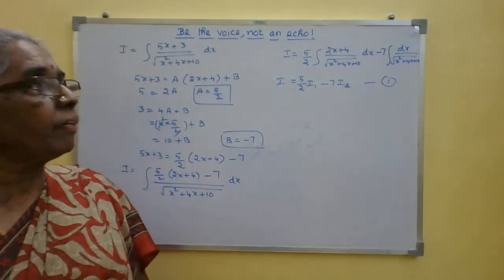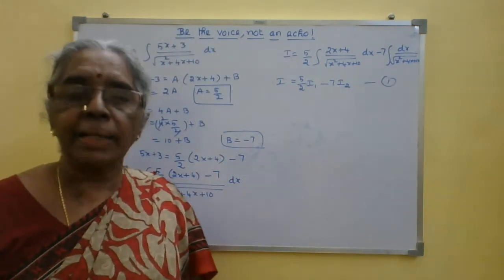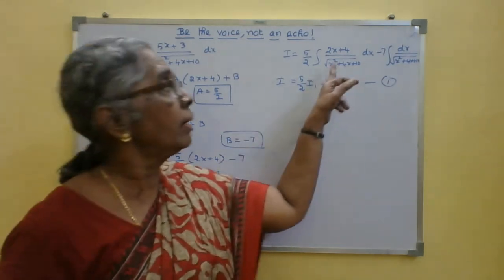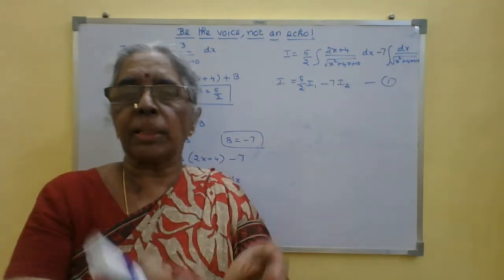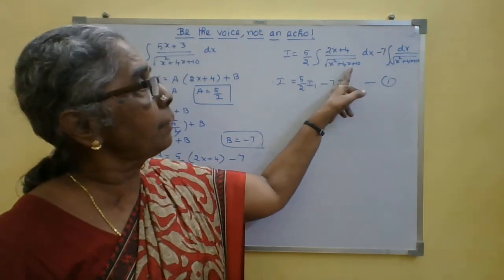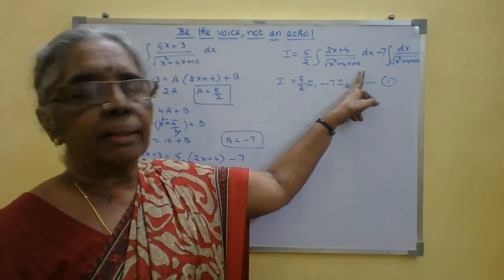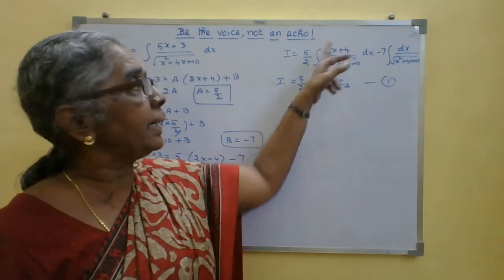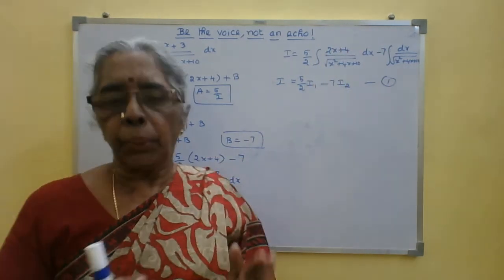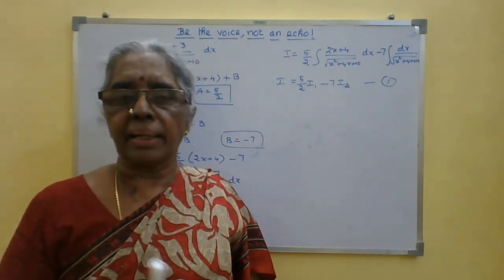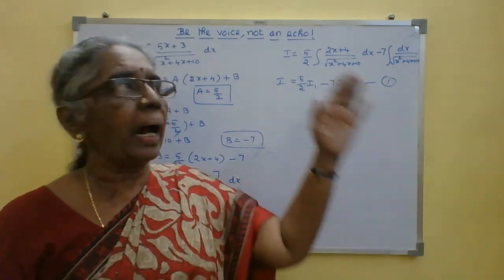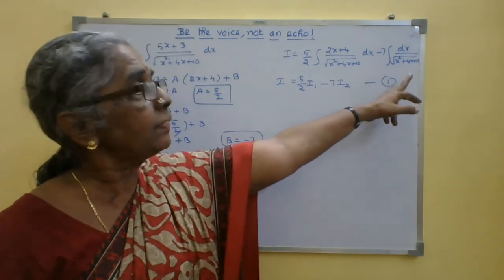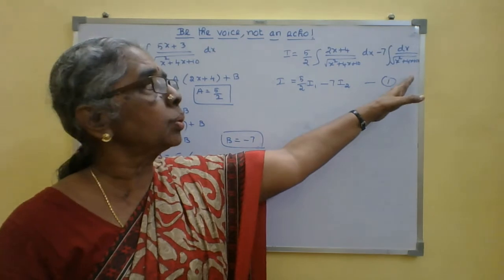Now you know, for the first part, it is always substitution. So here you will be substituting what is within the root, that is x squared plus 4x plus 10, as t. Naturally the numerator will become dt. You will be getting dt by root t. Root t you can write in the numerator as t power minus half, and then you integrate it. As for the second part, it is a root quadratic.